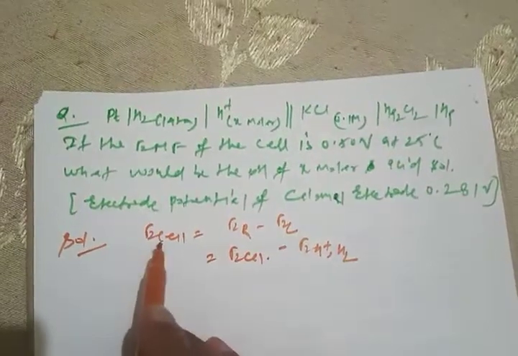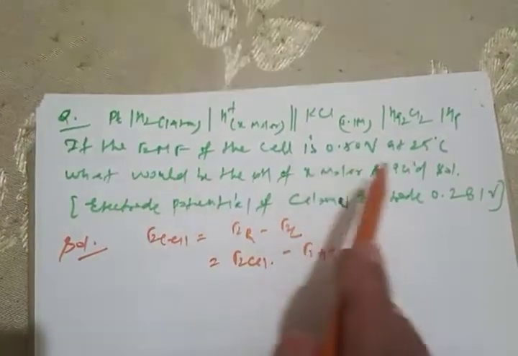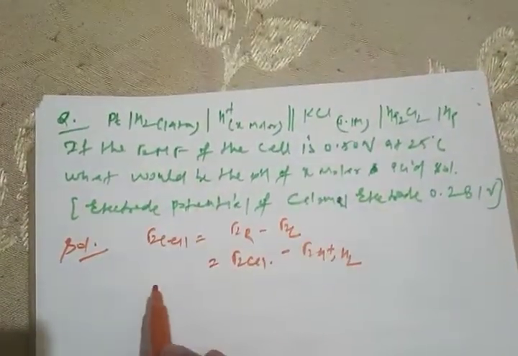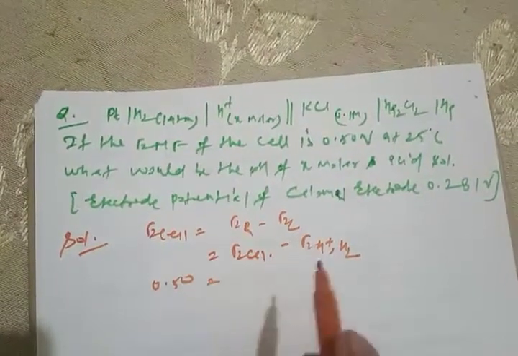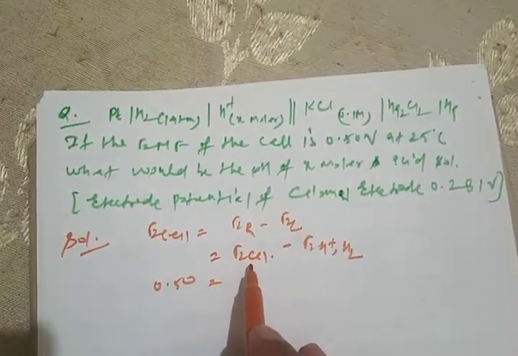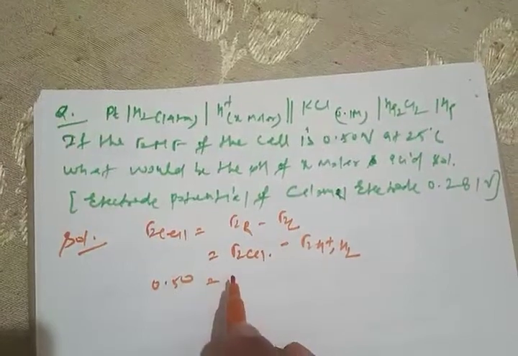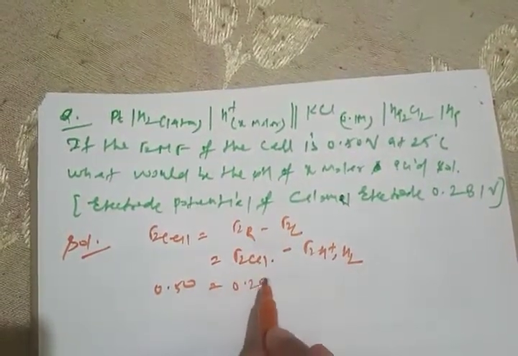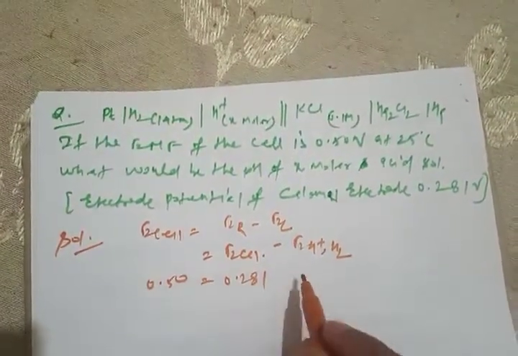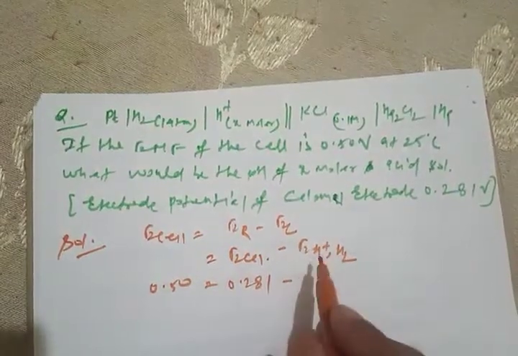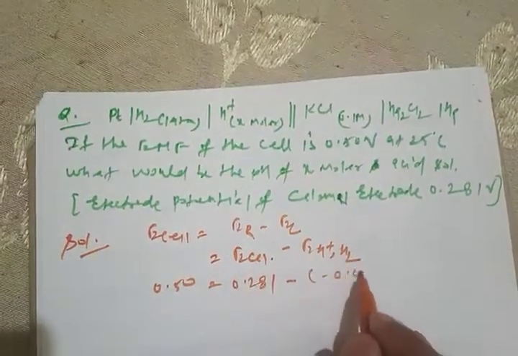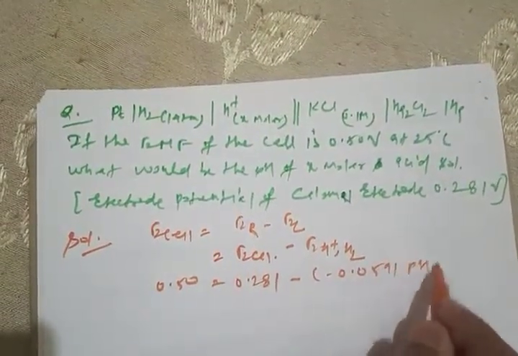So I'm going to write E cell. E cell you have given is what? The EMF of the cell is 0.50. Then E calomel you have given is 0.281, and then this is minus 0.0591 pH.